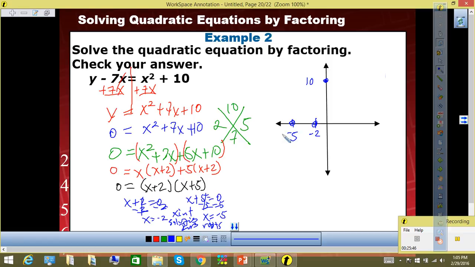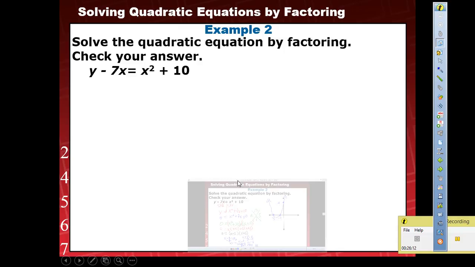We're going to go from left to right, point to point. We start up here because it's a parabola, go down through the x-intercepts, through the y-intercept, and we're done. Okay, for time's sake, let's go to the next one. You can check later. I was with you guys on this one, so I know it's right.